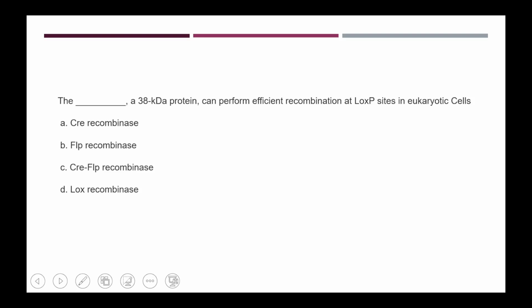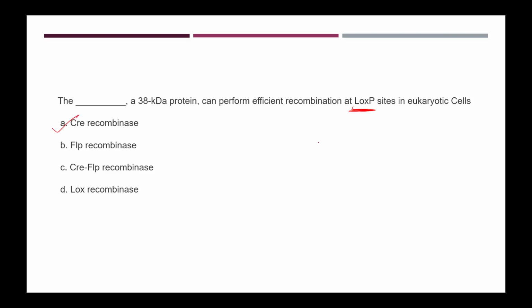Okay. So this 38 kilodalton protein can perform efficient recombination at the LoxP site in the eukaryotic cells. We have discussed just now which recombinase identifies the LoxP system. What is the name of that recombinase? Yeah, it will be Cre recombinase.